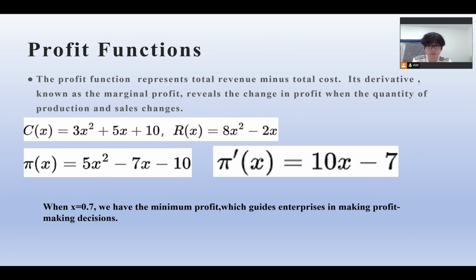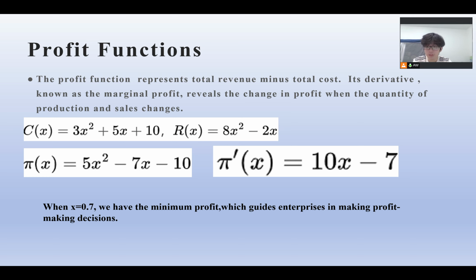The next is the profit function. The profit function represents the total revenue minus total cost. Its derivative, known as the marginal profit, reveals the change in profit when the quantity of production and sales changes. So for example, the total revenue R(x) equals 8x squared minus 2x, and the total cost C(x) equals 3x squared plus 5x plus 10.